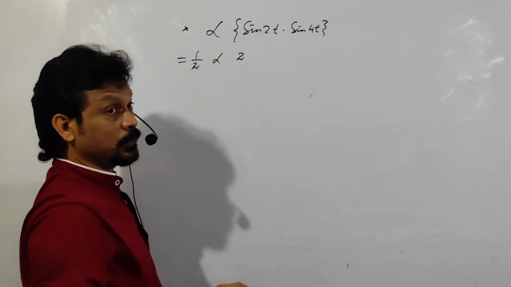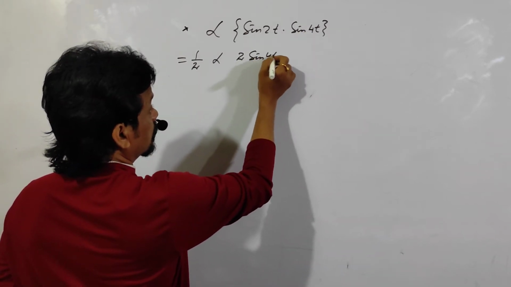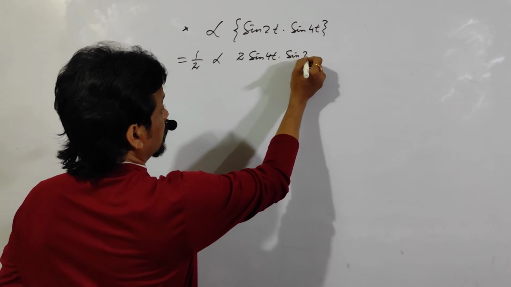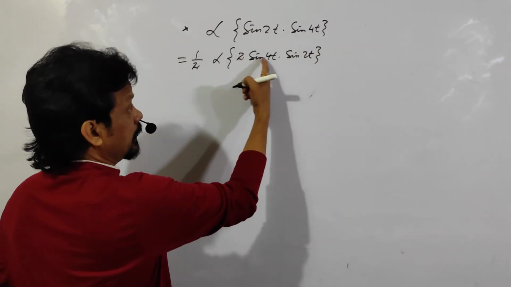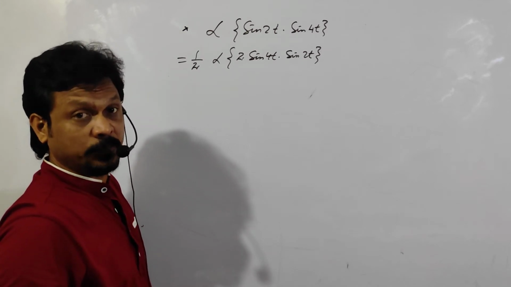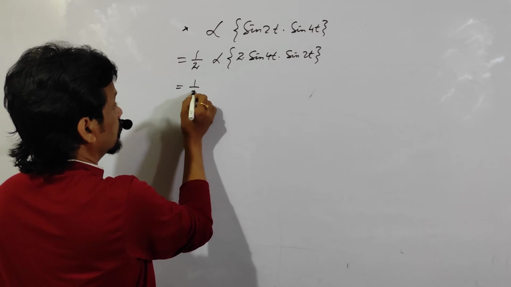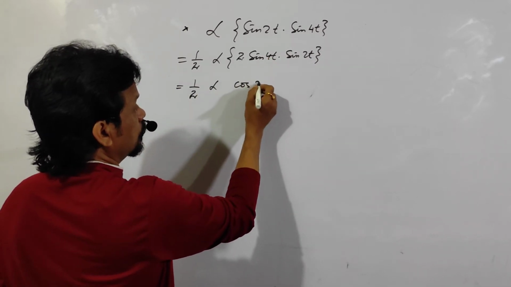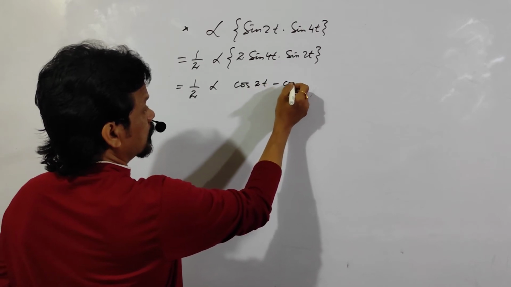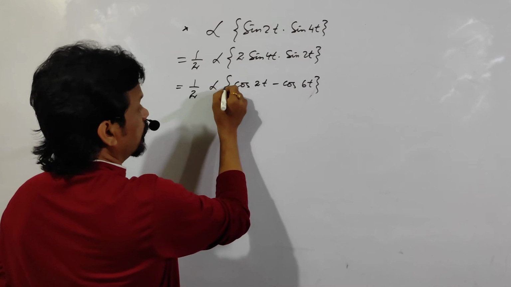But as I have told you, you should write the larger angle first. So sin 4t should be written first, into sin 2t. So 2 sin A into sin B is cos A minus B minus cos A plus B. Clear? Cos A minus B, this minus this, 2t, minus cos A plus B, this plus this, 6t. You should remember the formulas.